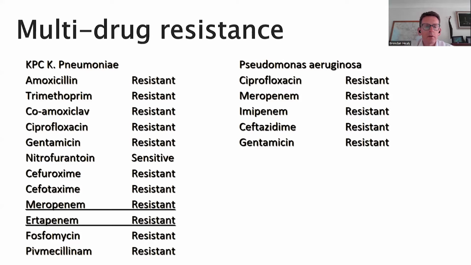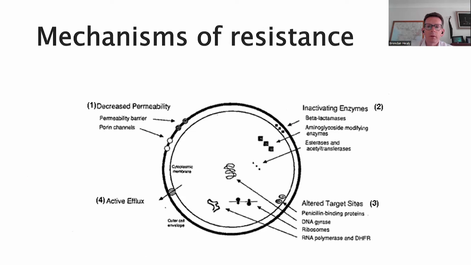And you can see here, I've given 2 examples of bacteria where we don't really have a good treatment option. I'm just going to leave that slide there. It's just the different types of ways that bacteria can develop resistance. You're probably aware that Pseudomonas develops resistance to carbapenems by altering its porin channel, so changing the ability of the meropenem, the carbapenem, to get into the bacteria.